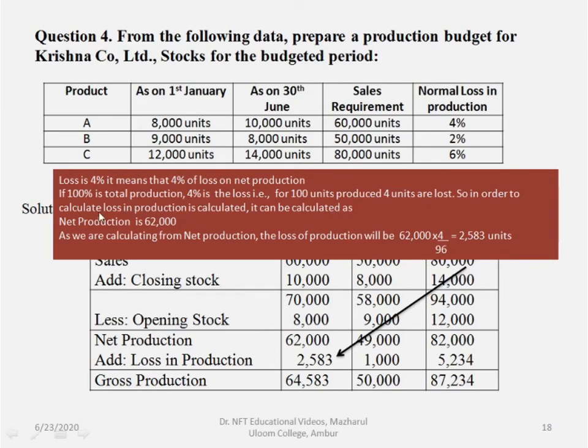So the loss in production can be calculated as 62,000 into 4 by 96. 62,000 is the net production which we have calculated, into 4 by 96. That gives you 2,583 units. That you have to add along with the net production, and you will get the gross production.